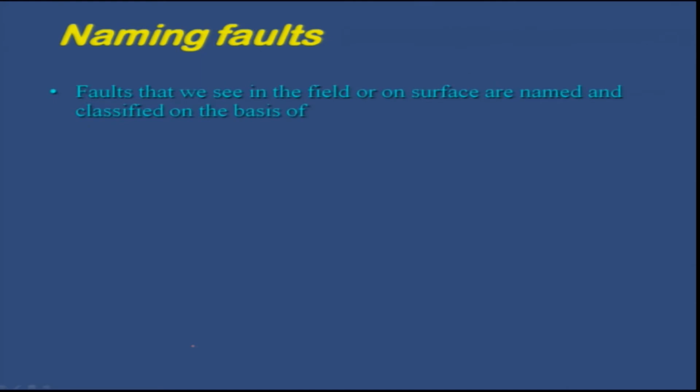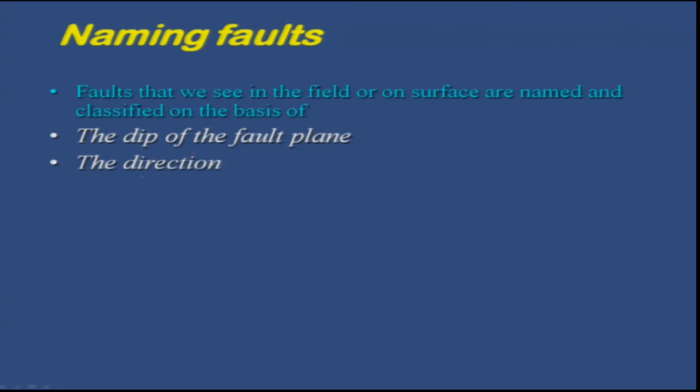Now naming faults: basically what we see in the field or on the surface are named and classified on the basis of, one, the amount of dip, and another, the direction of dip, in which direction the fault plane is dipping.